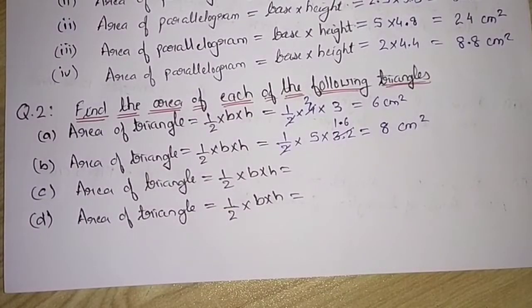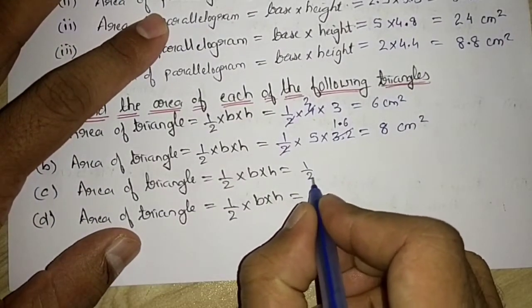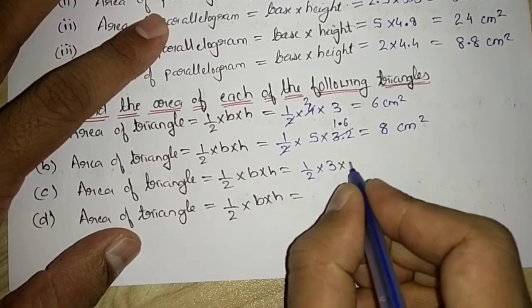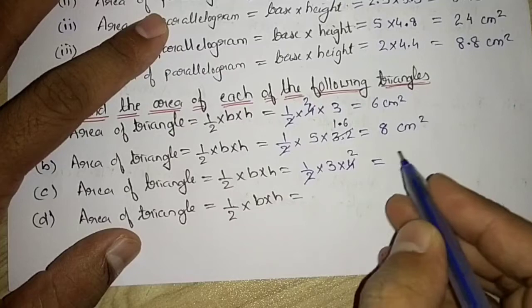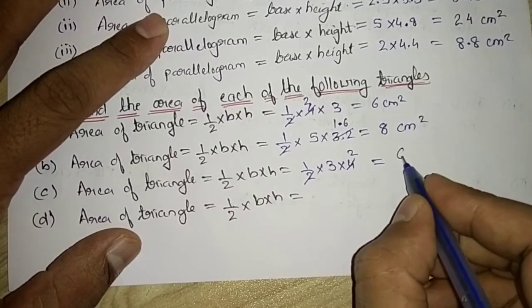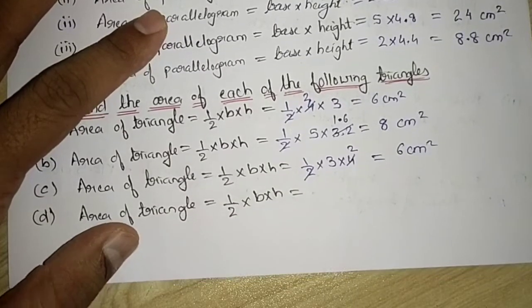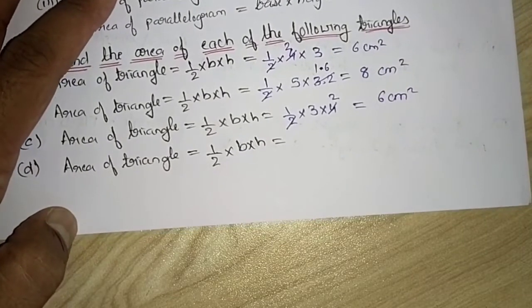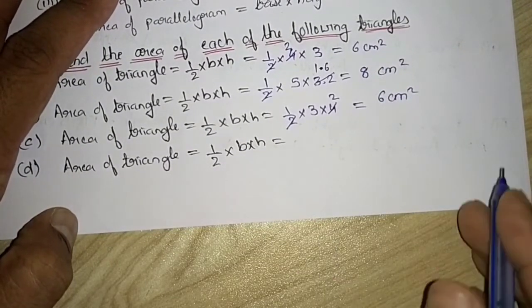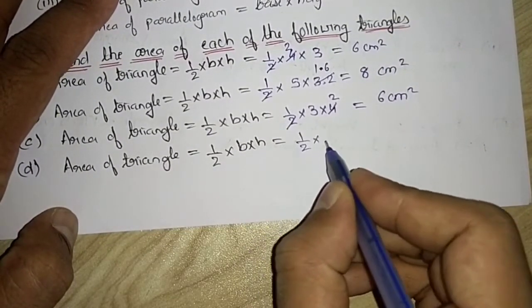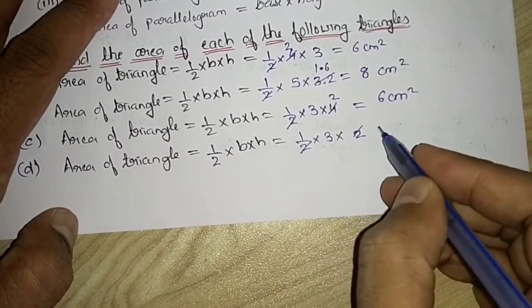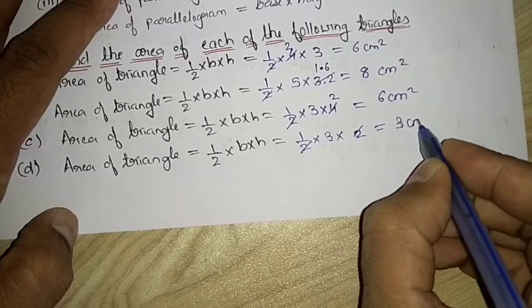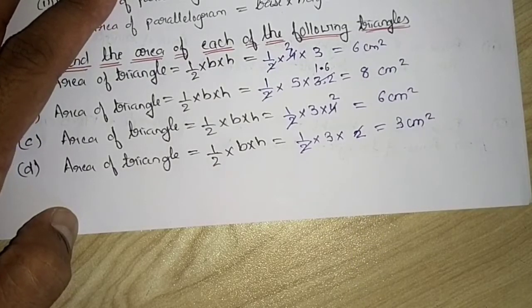So half into 3 into 4. 2 1s, 2 2s, 3 2s is 6 centimeter square. Area of triangle, last part, base is 3 and height is 2. 2 will cancel out, so answer will be 3 centimeter square.